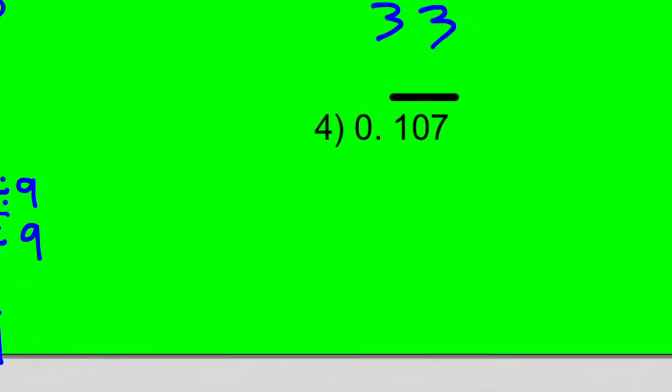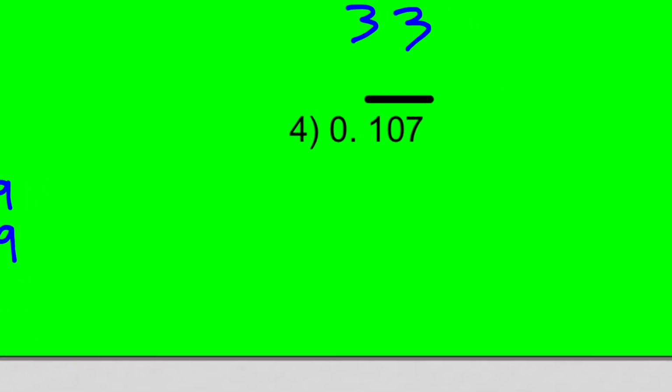Okay, last one. 3 digits repeating this time. So the numerator of the fraction will have 3 digits on top. And since there's 3 digits repeating, I put 3 9s on the bottom. And in this case, the greatest common factor of 107 and 999 is 1.